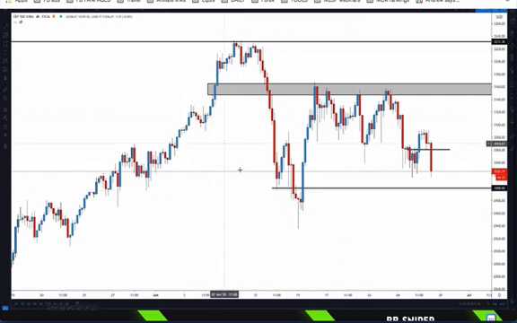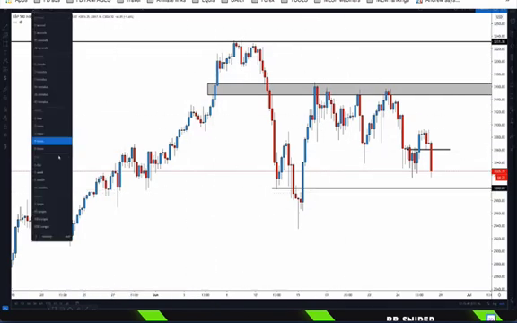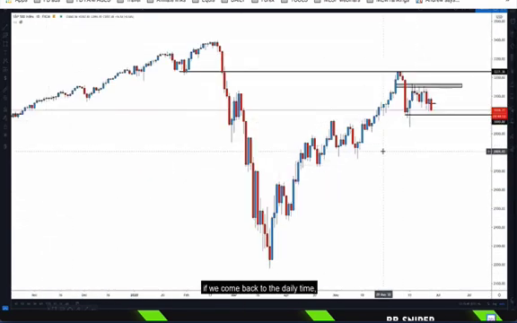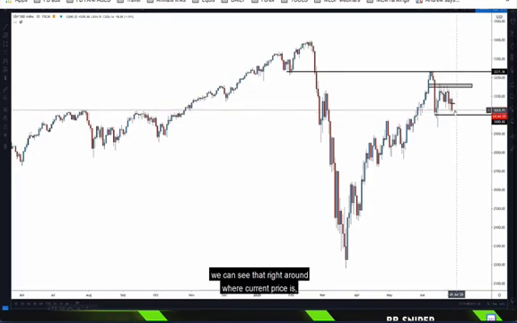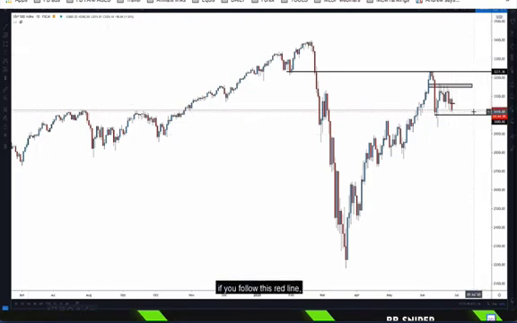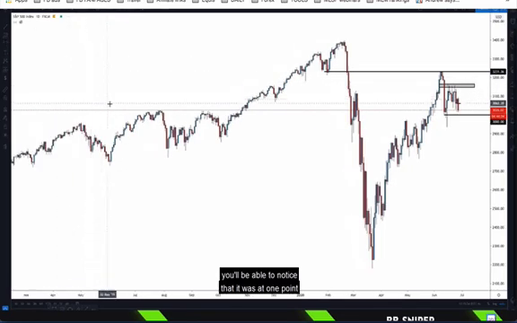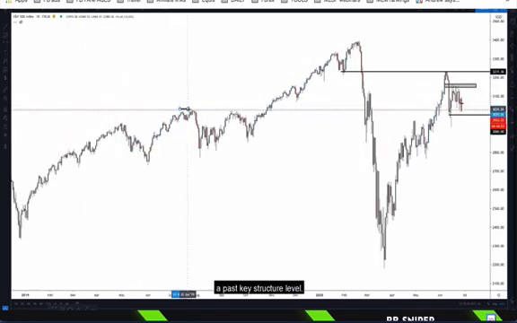This information, if we come back to the daily time, we can see that right around where current price is, if you follow this red line, you'll be able to notice that it was at one point a past key structure level.